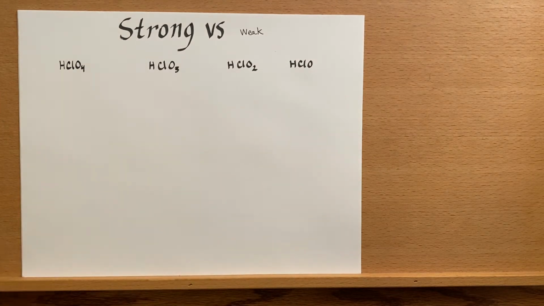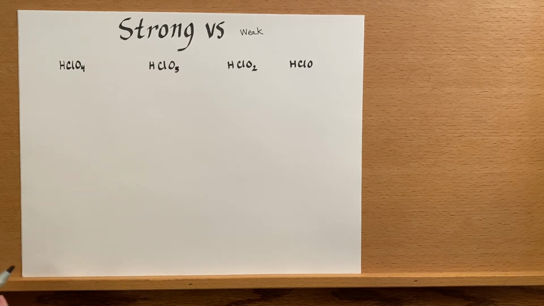Now, you might ask, why is that the case? Why is perchloric acid the strongest? Well, in order to answer that question, we'll need to draw some Lewis structures, and we're also going to look at what happens upon dissociation.